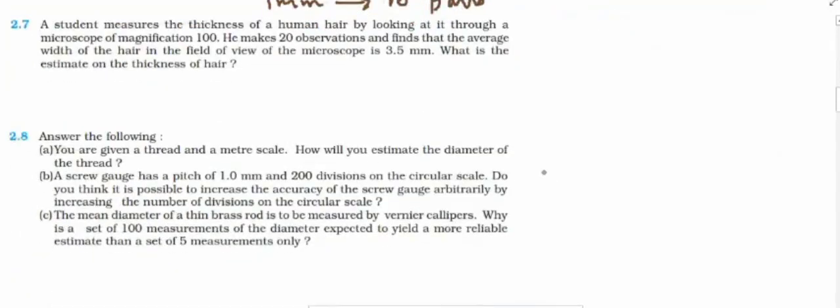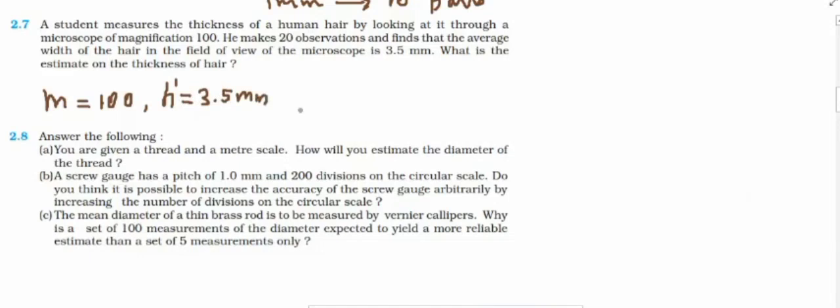Now, next question 7. A student measures the thickness of human hair by looking at it through a microscope of magnification 100, which means magnification M is equal to 100. Then he makes 20 observations and finds that the average width of the hair in the field of view of the microscope is 3.5 mm, which means the size of the image H dash is 3.5 millimeter.